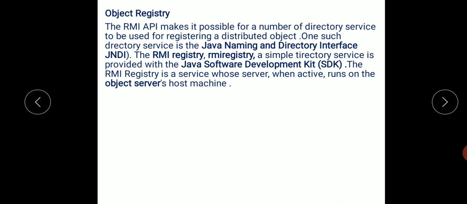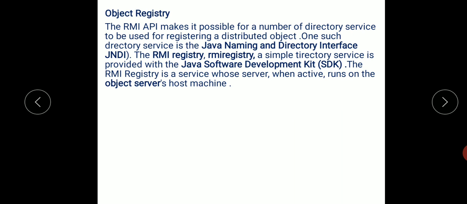So there is an object registry. The RMI API makes it possible for a number of directory services to be used for registering a distributed object. Here the servers will register their objects in the object registry. It is the RMI registry, or it is called a directory service.